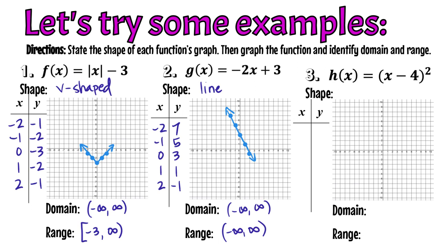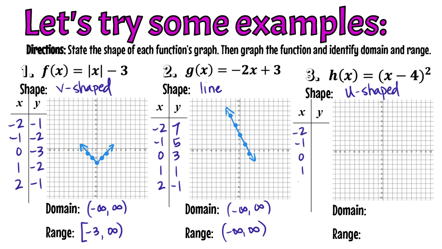All right, our last function is h of x equals the quantity x minus 4 squared. So this function is a quadratic function. We see something is squared, which means that the shape is going to be U-shaped. So let's plug in our values again.